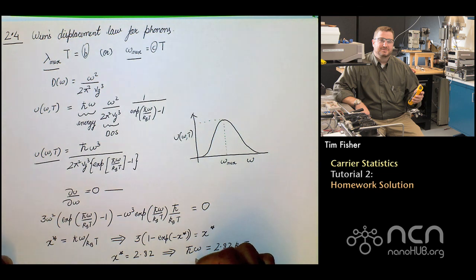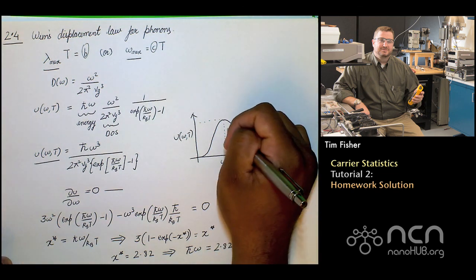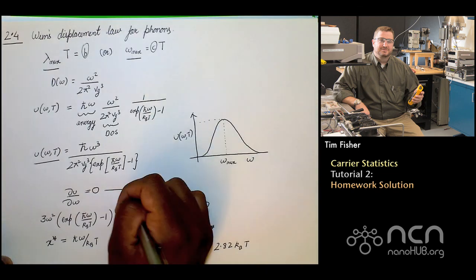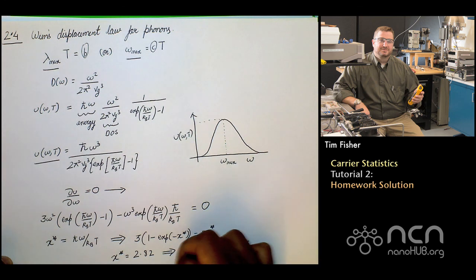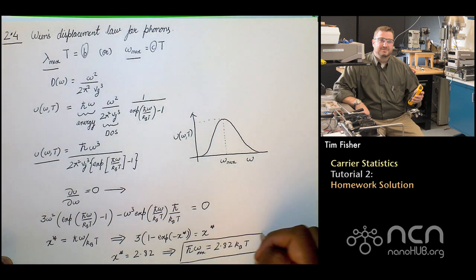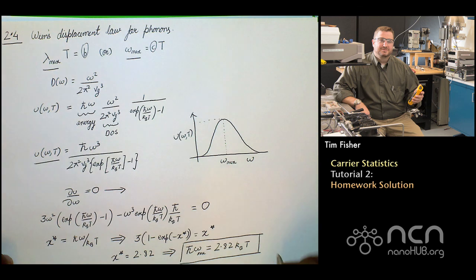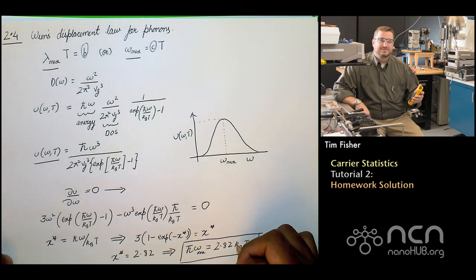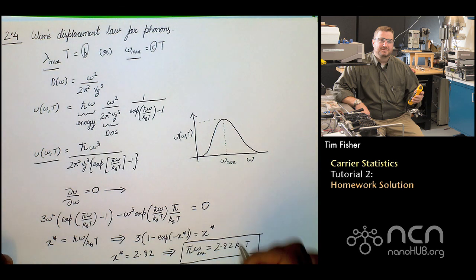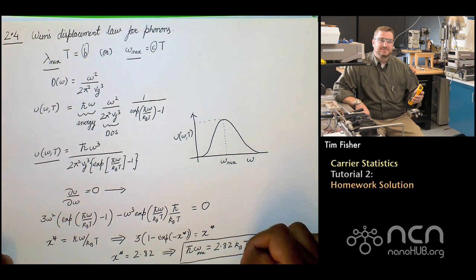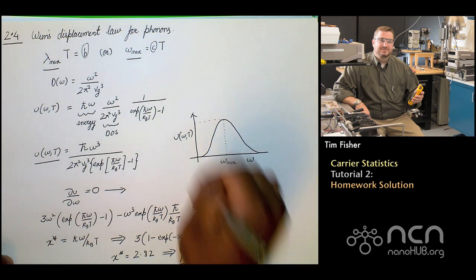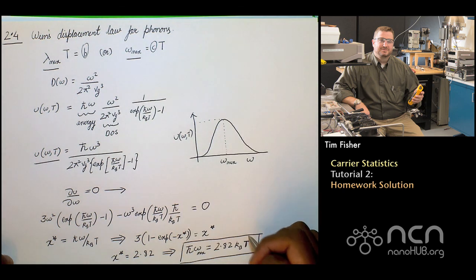Since this frequency corresponds to the maximum in the spectral energy density, it can be written as h bar omega max, and this is the expression we were looking for. So you can see from this expression that the frequency at which the maximum in the spectral energy density occurs increases linearly with temperature, or equivalently the wavelength at which the maximum occurs decreases with temperature.